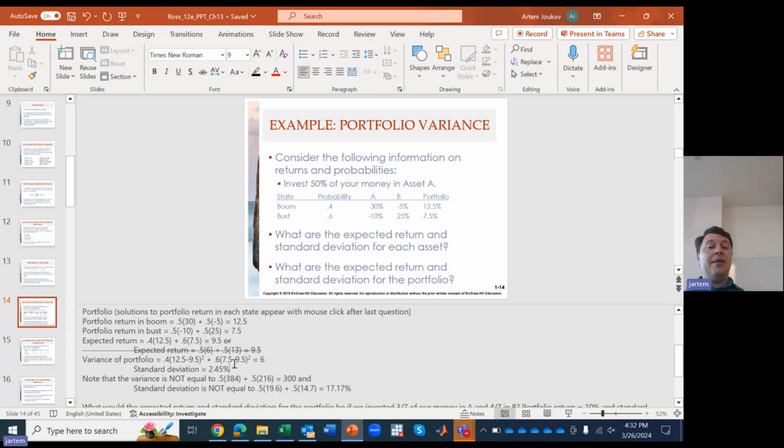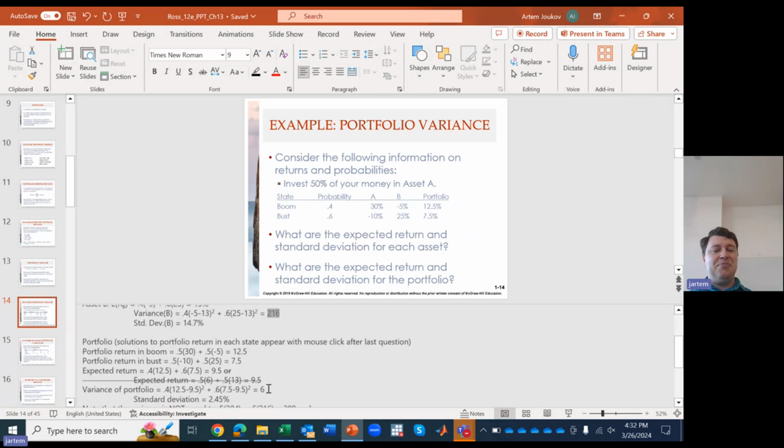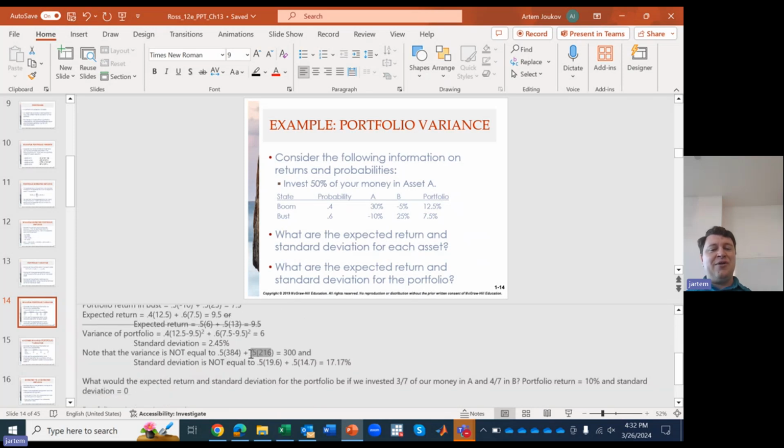Now, common mistake: the variance is not equal to 0.5 times 384. Remember, we got 384 when we were just computing variances for the individual asset. So don't just take the variance for asset A and the variance for asset B, scale them by the weight you put on each asset, add them together, and then take the square root.